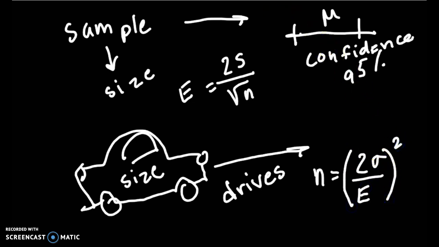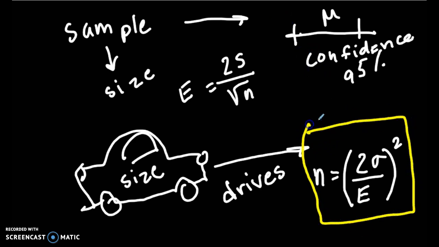What that is saying is that if I have a certain margin of error that I need, I can tell myself, well, Victoria, you need a sample size of this size. And if you don't know the standard deviation of the population, and you probably don't, you can replace sigma with s, the standard deviation of the sample.